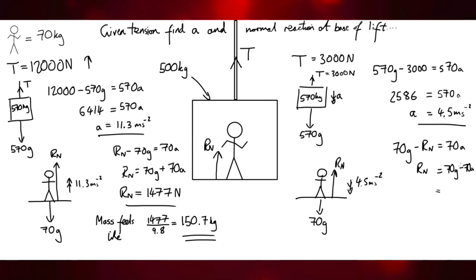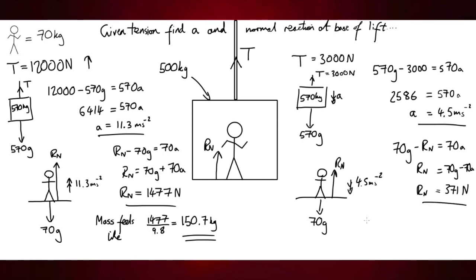Away from the normal weight, we're taking away this accelerated mass. On the left-hand side, we added it because it means we're going to have more weight down. But on this side, we take it away because there's going to be less.